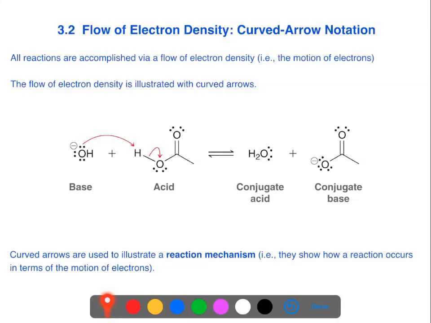The net result is that we form a molecule of water and we form an acetate ion, which is shown here. So again, the conjugate acid of the base is the resulting product when the base accepts a proton, whereas the conjugate base of the acid is the product which is formed when an acid loses its proton to the base, or donates its proton to the base.